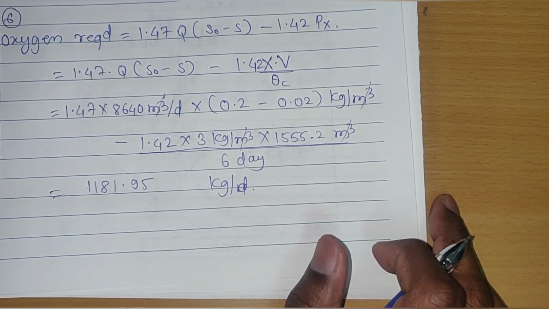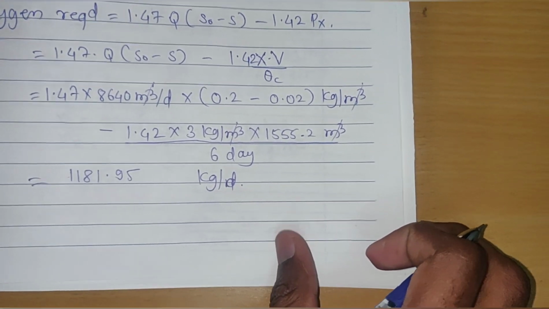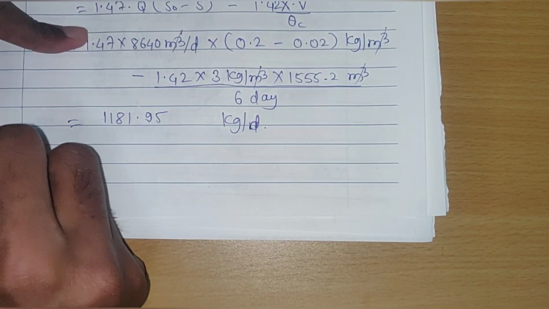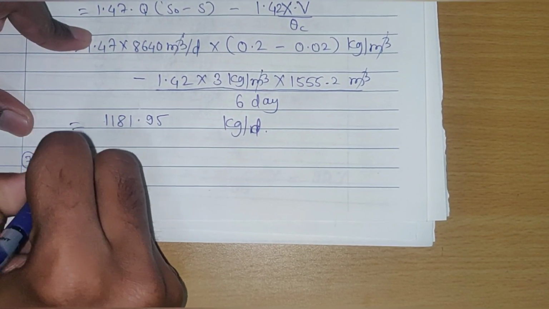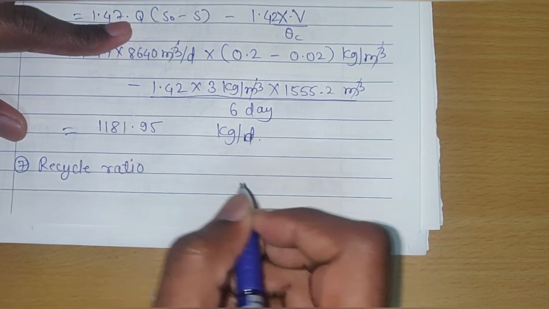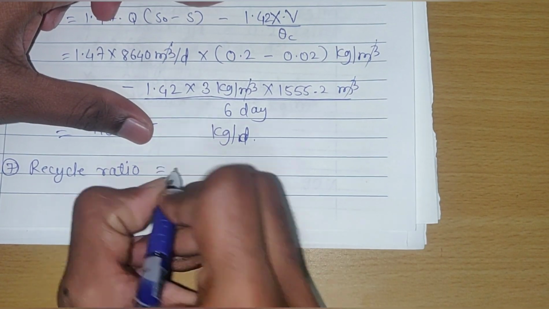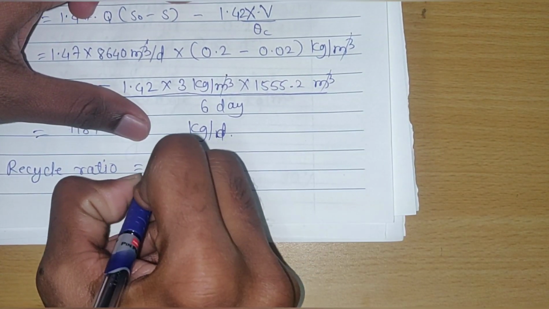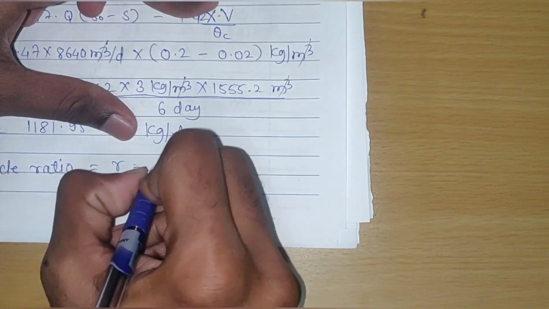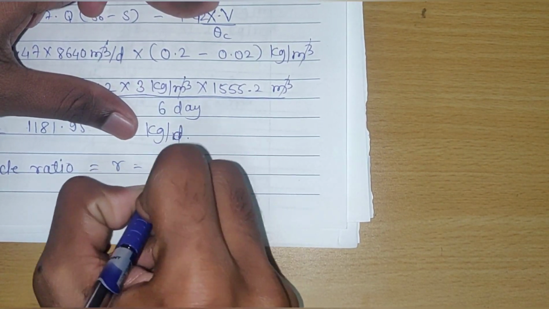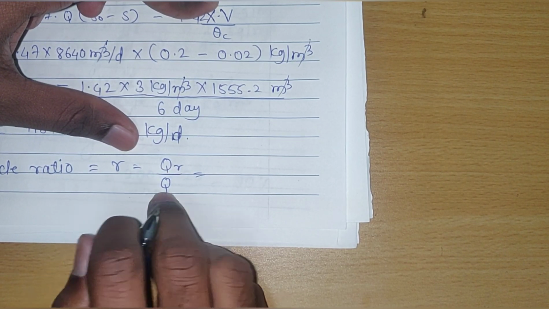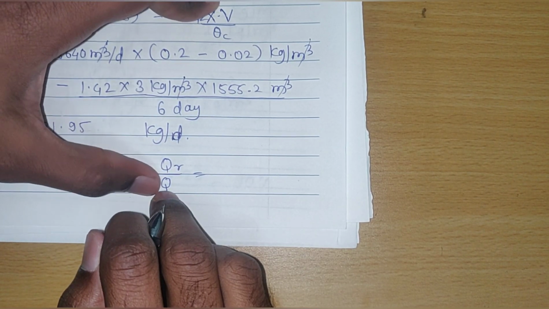Then we'll find the recycle ratio. Recycle ratio is equal to small r. The formula for it is QR upon Q, recycle flow rate divided by total flow rate or sewage flow.